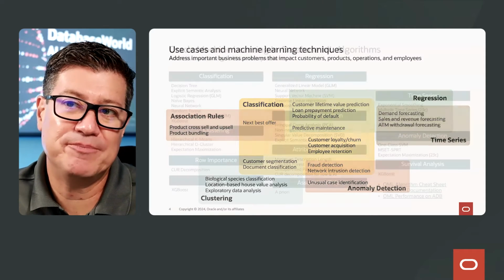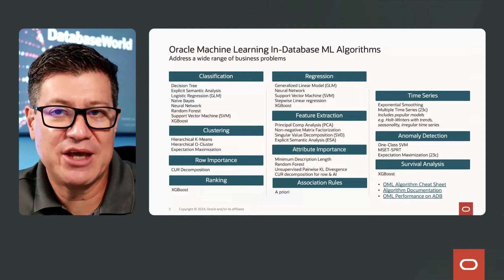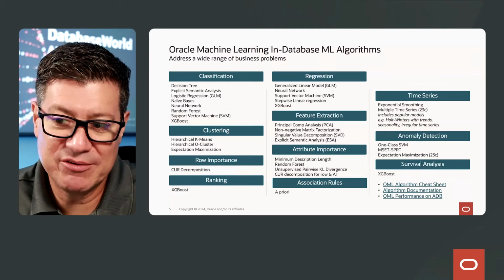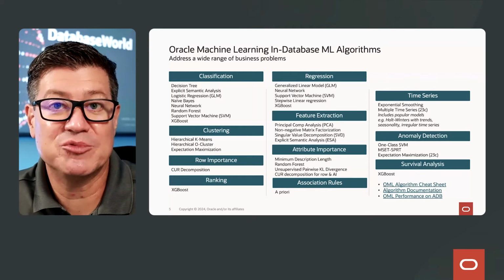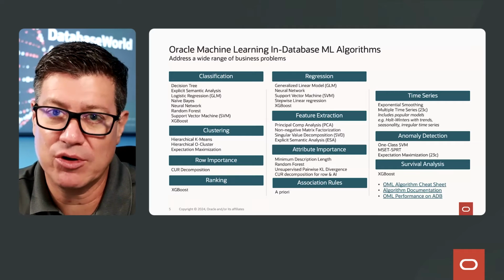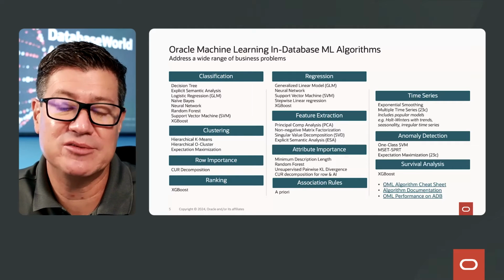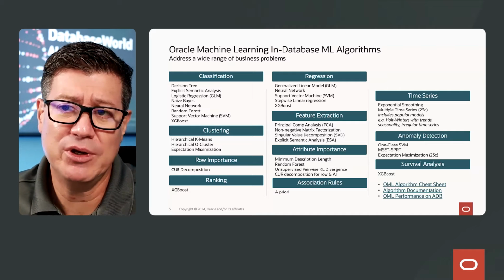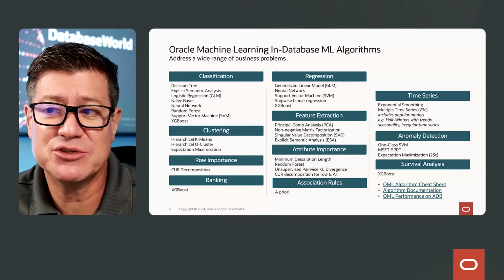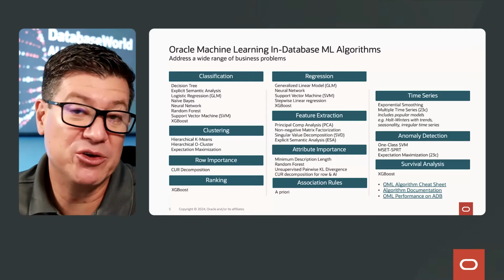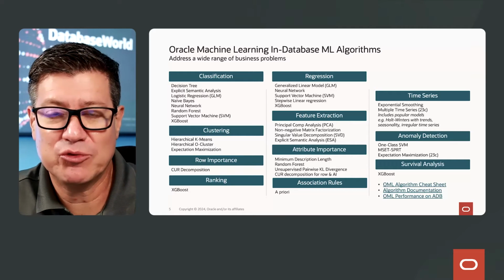Every technique has its own algorithms, so this is a very large list of algorithms. This list is available inside every Oracle database and is part of Oracle Machine Learning. We have algorithms for classification and regression, and all of these were created by looking at what our customers were using most frequently.